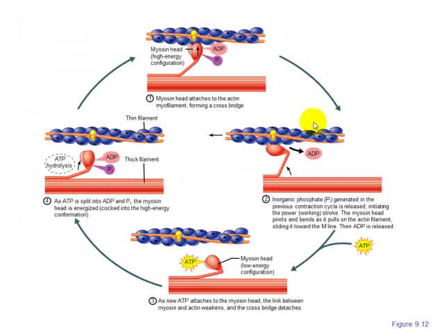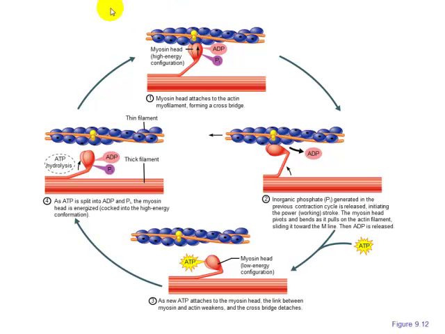Now we can look at this visually. Here we have our actin subunits. This would be our troponin. Here is our tropomyosin. What is going on here is we are assuming that there is calcium that has been released through excitation-contraction coupling, that calcium is bound to troponin, troponin has changed shape, and tropomyosin is moved out of the way.